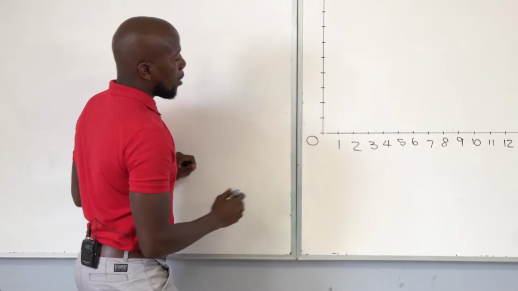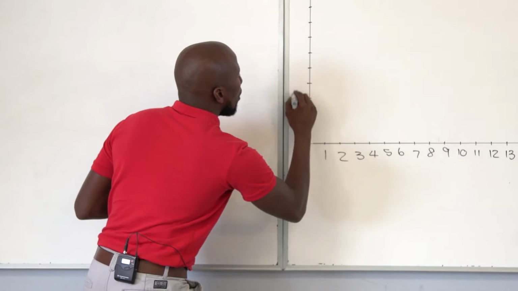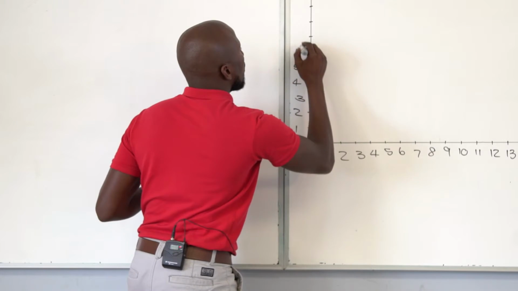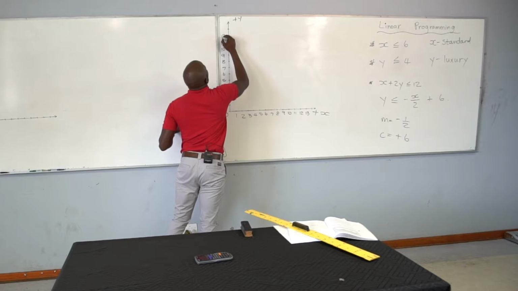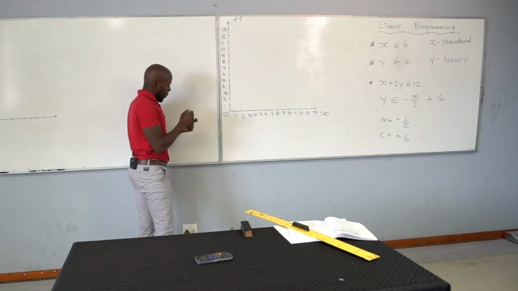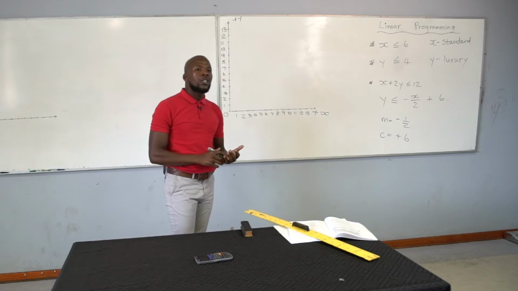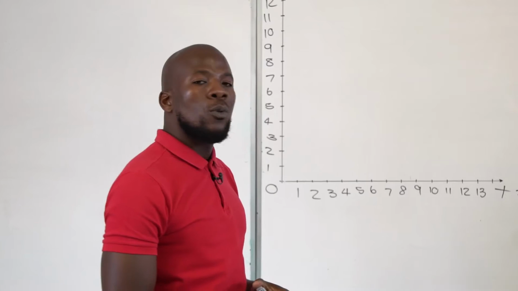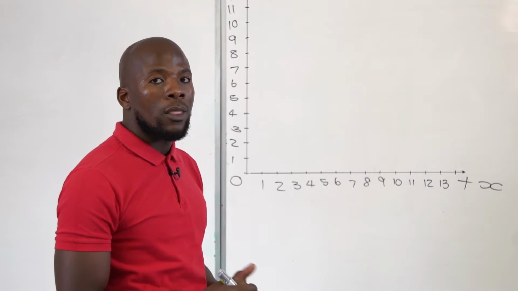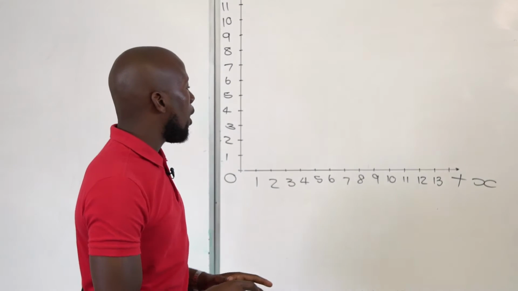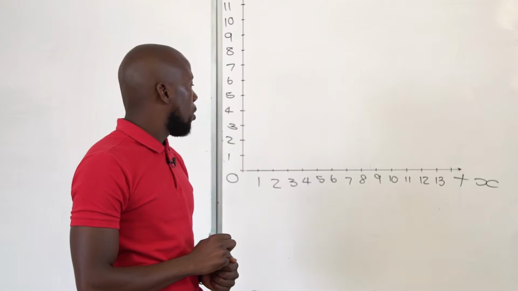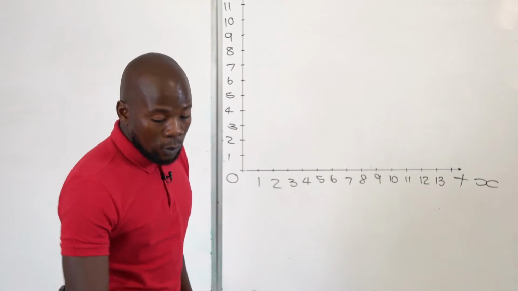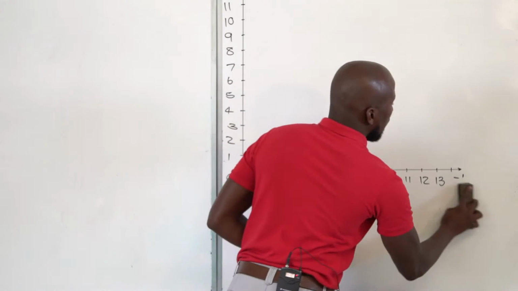Likewise, on the y-axis, 1, 2, 3, 4, 5, 6, 7, 8, 9, 10, 12 and 13. If you do not sketch your Cartesian plane accurately, then you won't be able to use your search line method, because your Cartesian plane has to be accurate for us to use the search line method with the correct gradient.